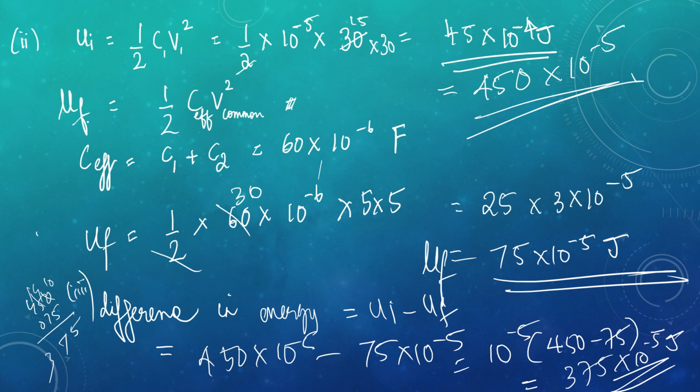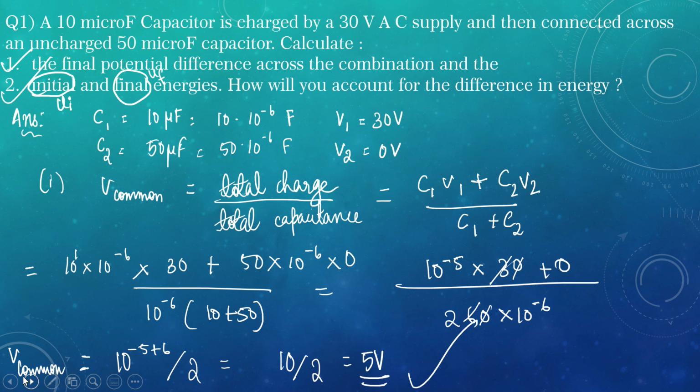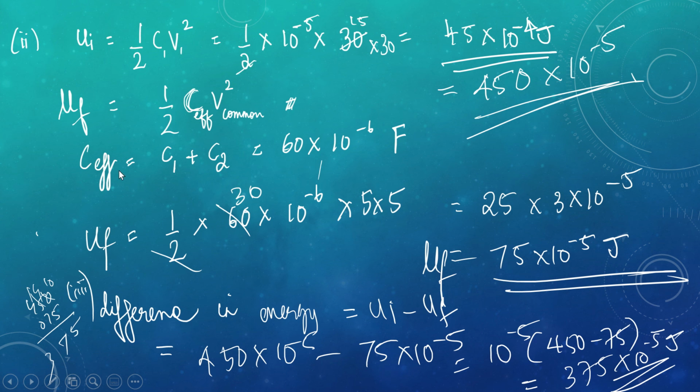Then for U final, it is half the total capacitance, C effective, into V common square. We are taking the final potential difference also here. The total capacitance we have to find, and then we substitute it in this equation and get this.